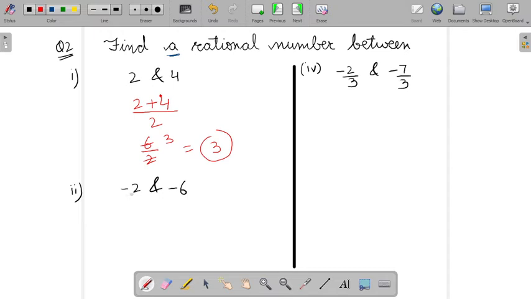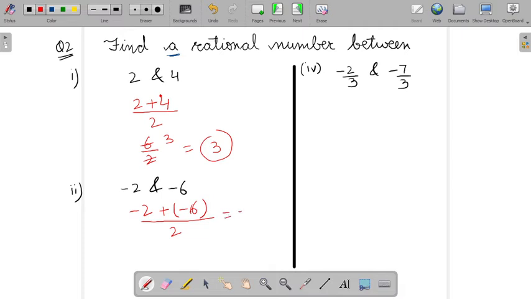Now let's come to the second part. Minus 2 and minus 6. So as I have told, add them together. So minus 2 plus minus 6, you have to add both the rational numbers and then divide by 2. So what result will you get?